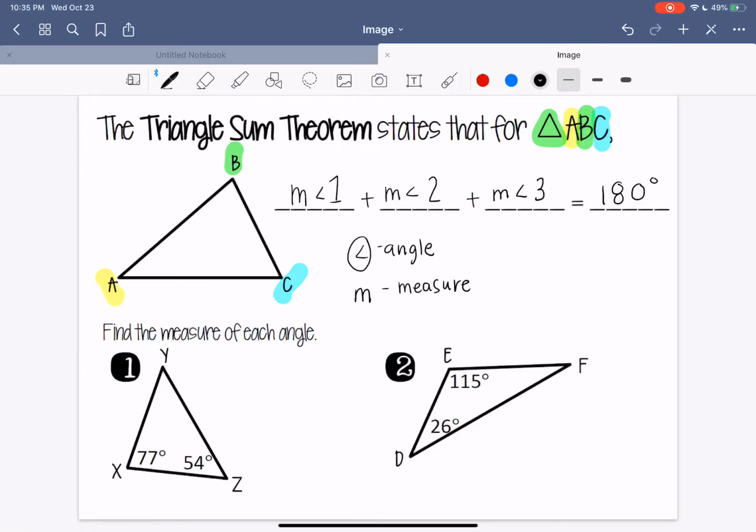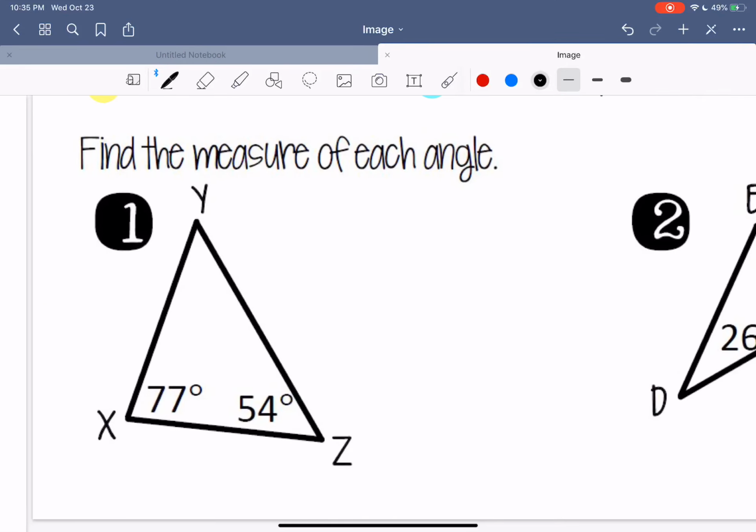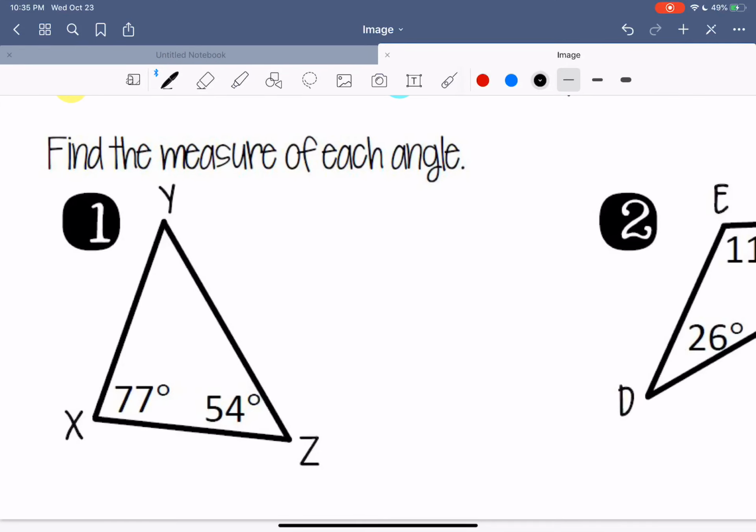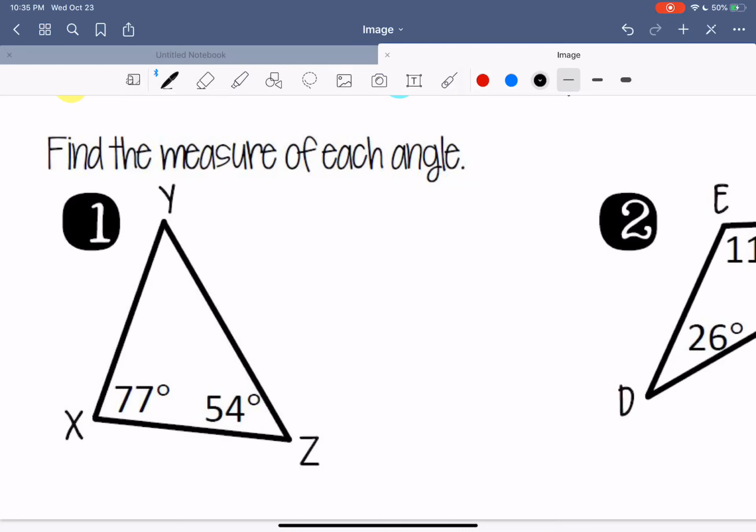So I'm going to go ahead and zoom in on practice problem number 1. Find the measure of each angle. So this triangle, the other triangle was triangle ABC, but this one looks like we have triangle XYZ.